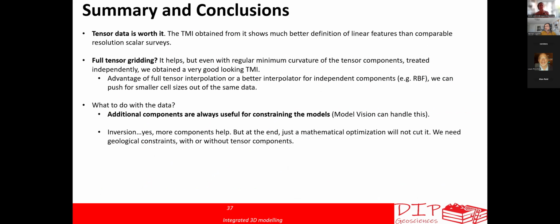So in summary, tensor data is definitely worth it. Is it expensive? Yes, but depending on the exploration program, it can definitely make a difference. Full tensor gridding, we can get away without it, but you should be using it if you have tensor data.